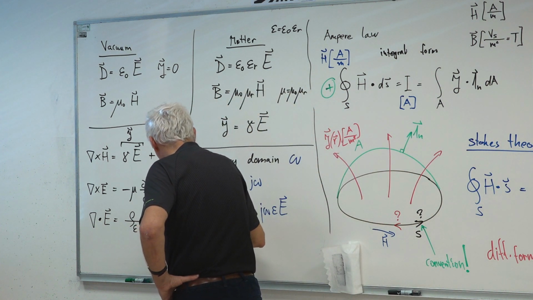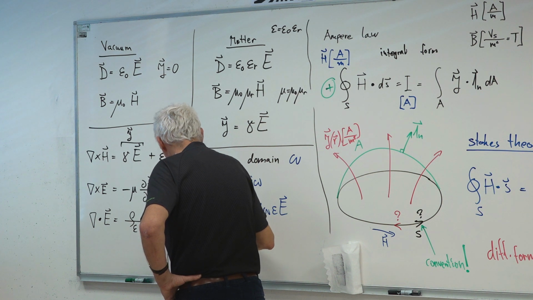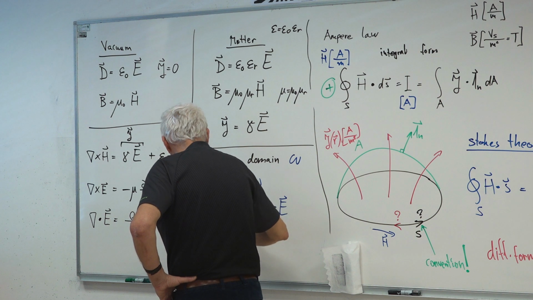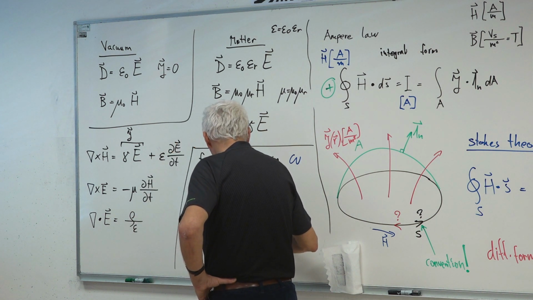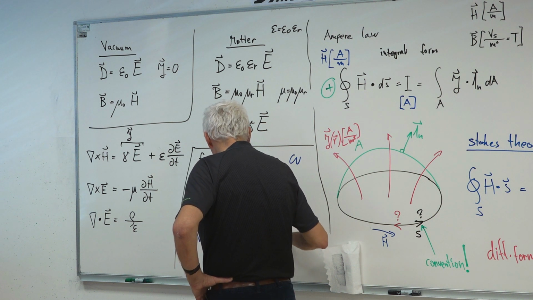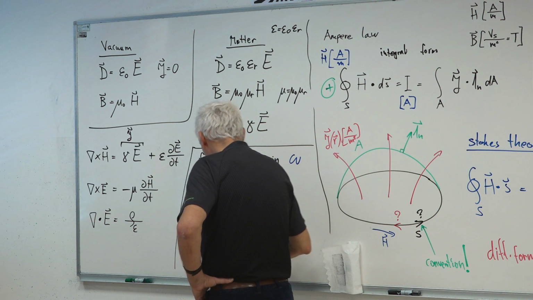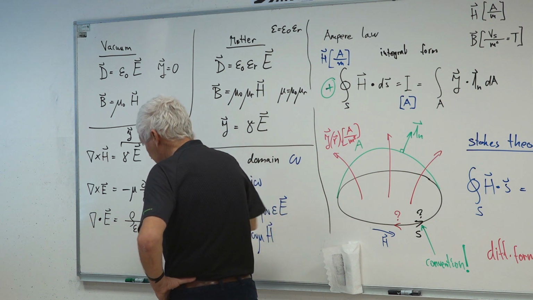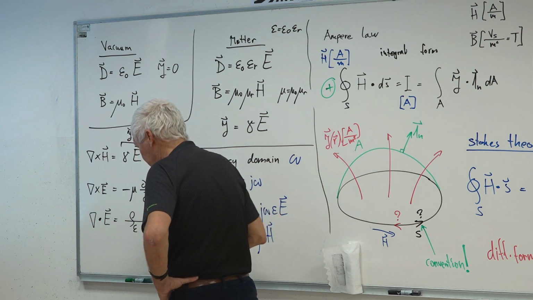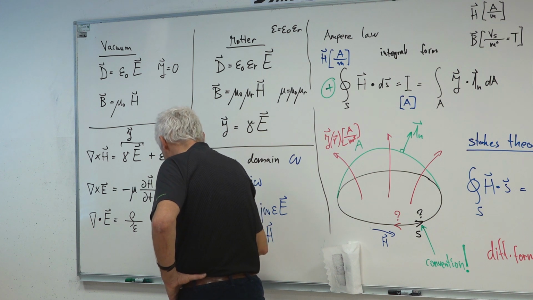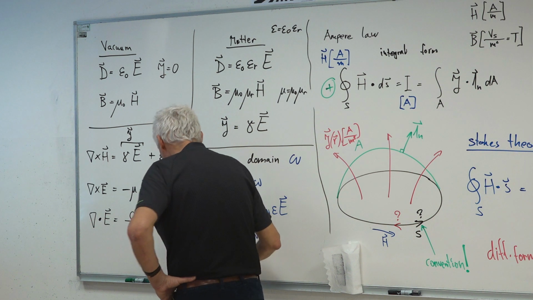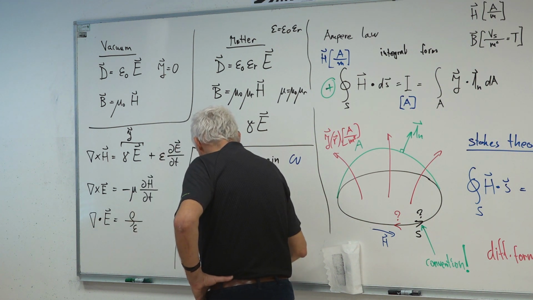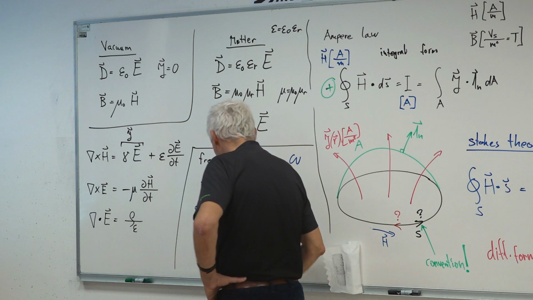The Faraday law is now: the curl of electric field is minus j omega mu H. And finally, this has no time derivative, so the Gauss equation stays as it was, equal to rho over epsilon.